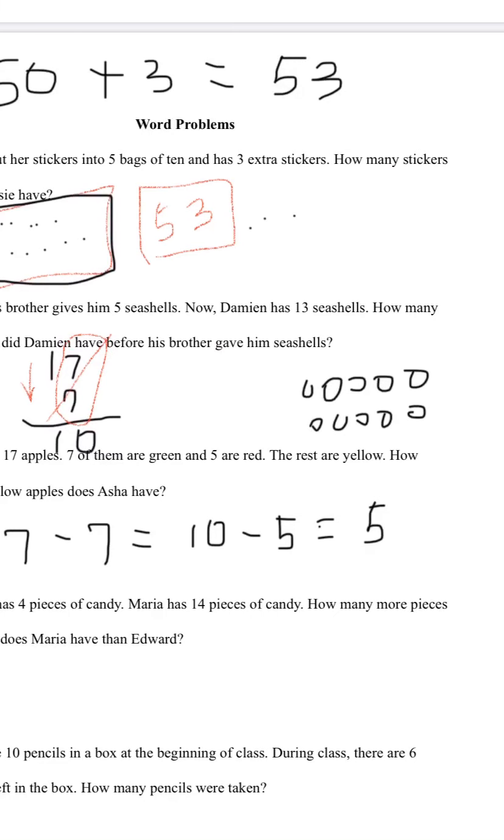Okay, we have 10, and then we subtract 5. 1, 2, 3, 4, 5. Then we're going to have 5 left. So we have 5 left, and the rest are yellow. So this number shows the rest of the apples. So 5 yellow apples.